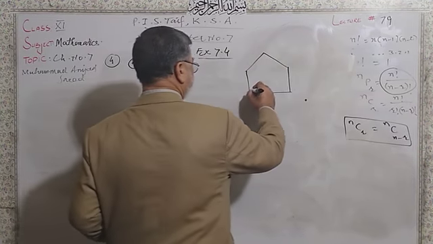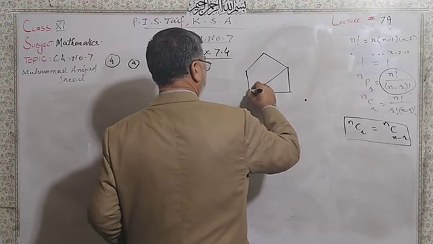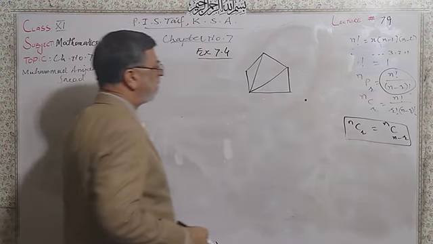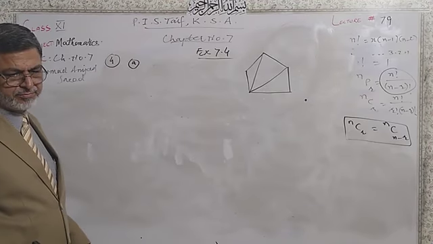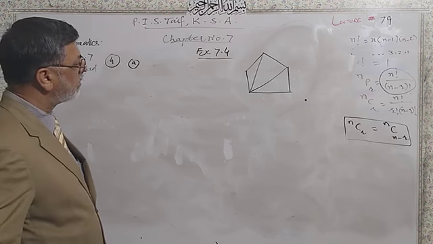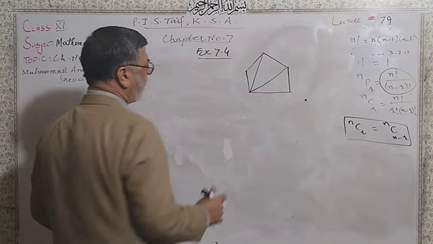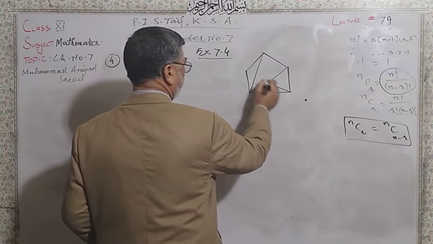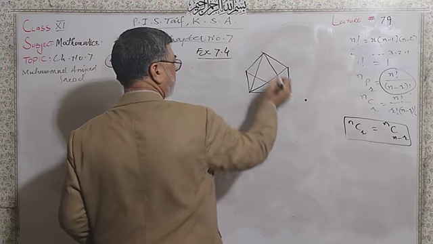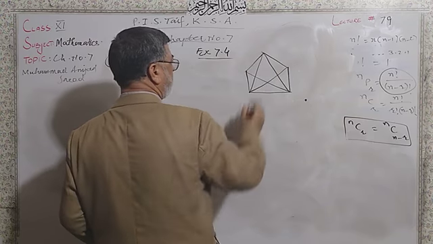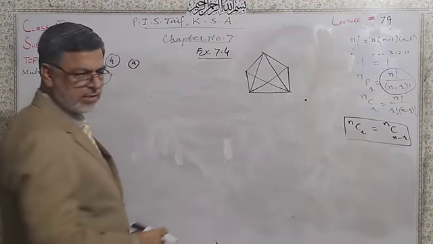How many diagonals can be drawn? Like this. And you can check from here and from here, similarly from the other sides.